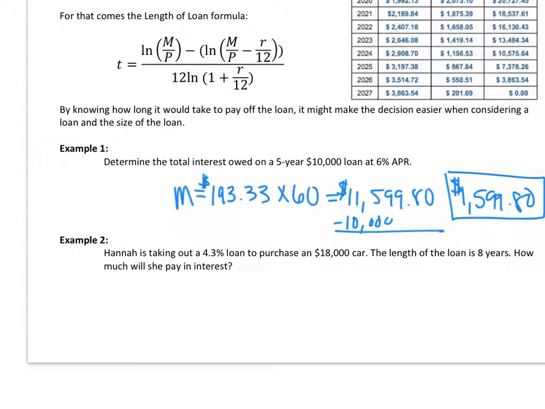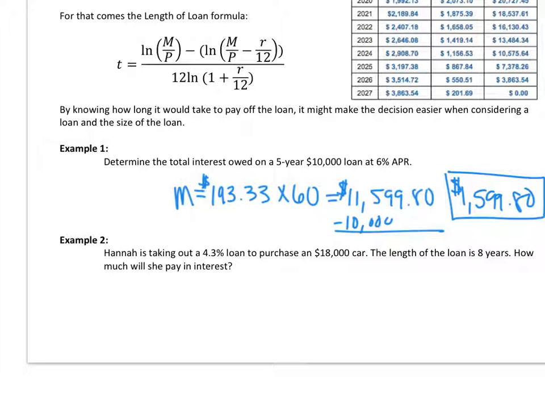So, I mean, you can do the same thing. Example 2 is exactly the same thing. 4.3% loan at $18,000. The loan is for 8 years. You'll plug it into the monthly payment calculator again, figure out how much she's paying per month, and then stretch that over 8 years to figure out how much interest has been made.